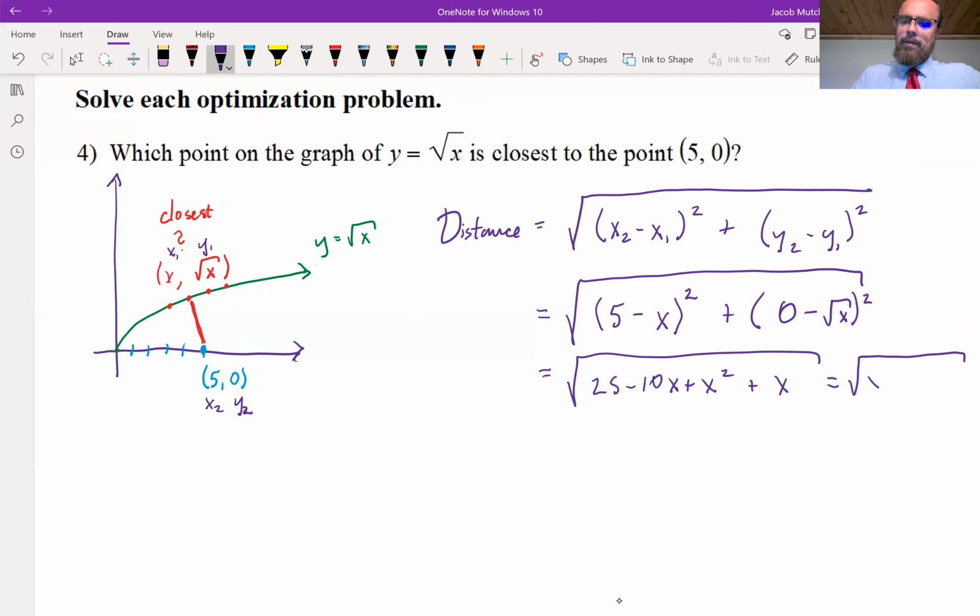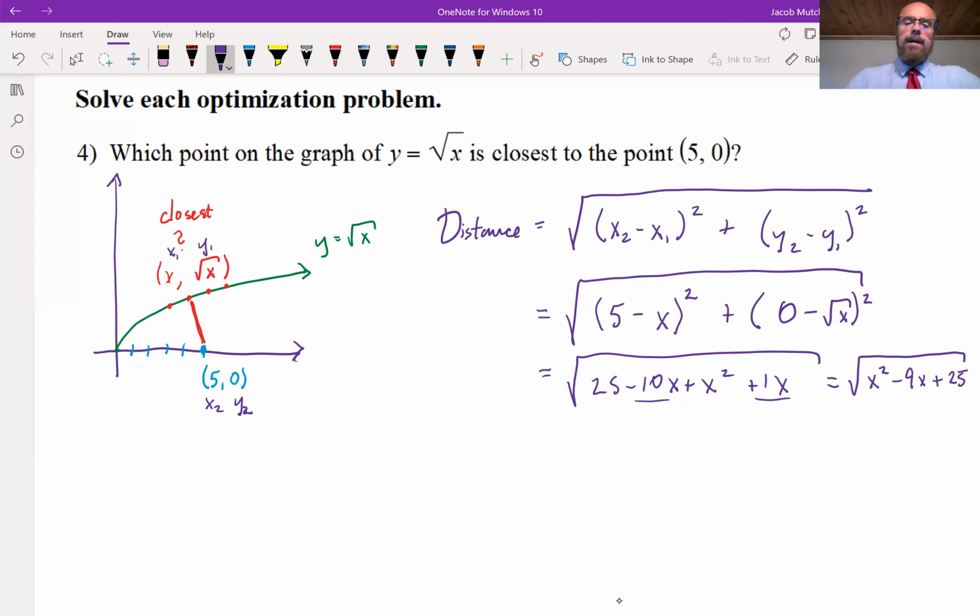If I flip things around into standard form, x squared, combine like terms, negative 10 plus 1x is minus 9x, plus 25. So again, that's our function that would represent the distance between the point 5, 0 and the curve. What we need to do is find the closest one.